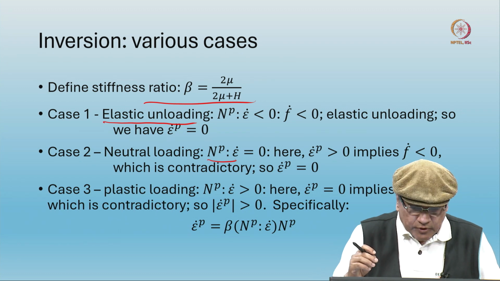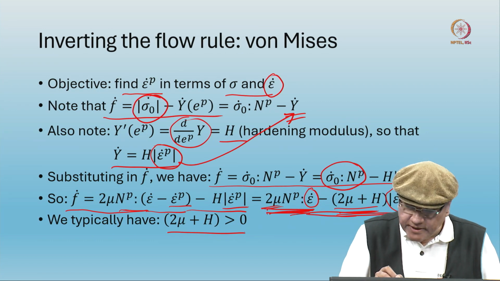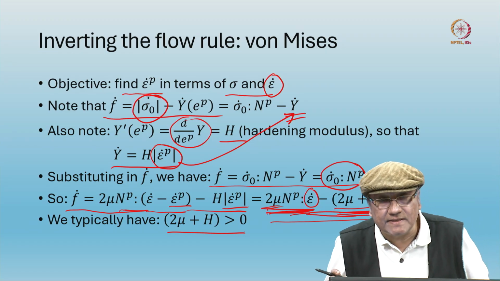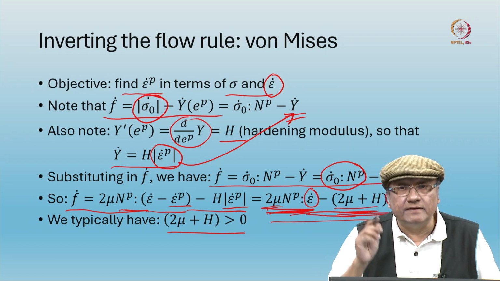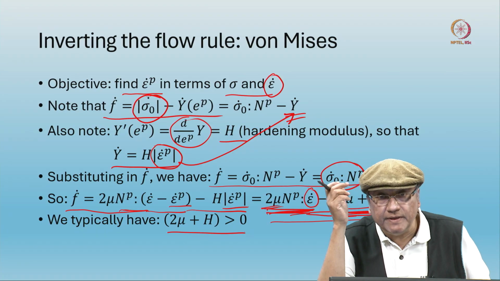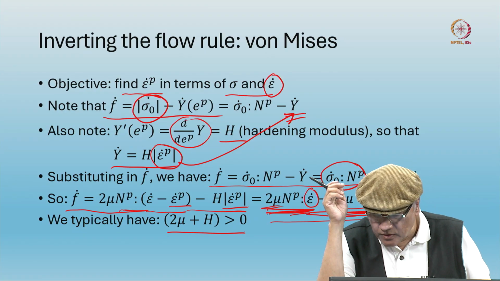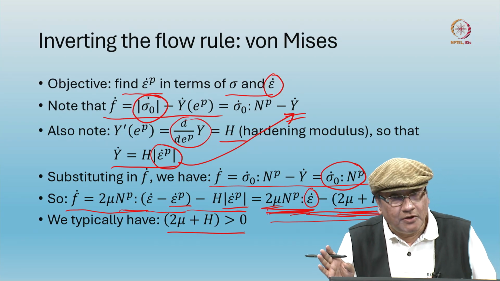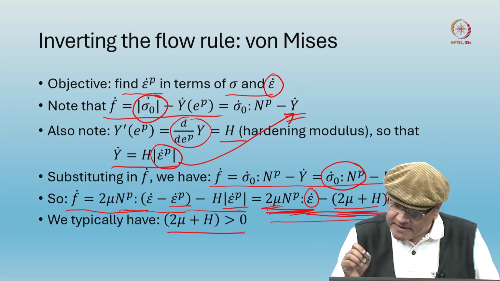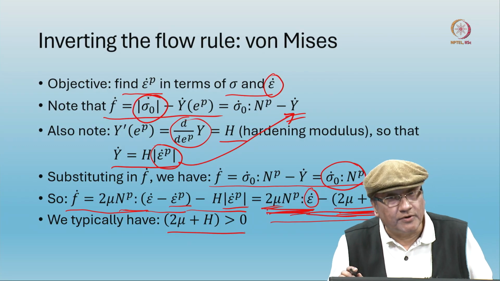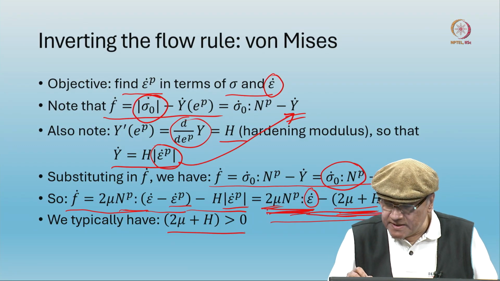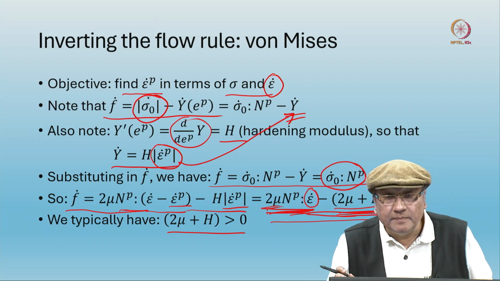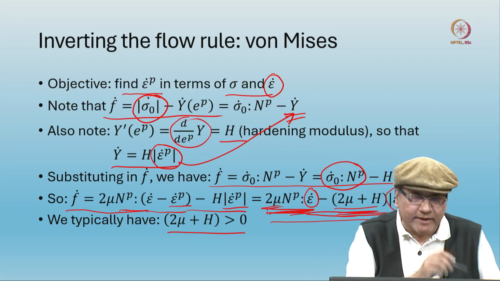Again, if you look at the expression for f dot here, the first term is 0 because we assumed NP colon epsilon dot is 0. So the second term can either be 0 or negative. It is negative if plastic flow is occurring, because the modulus of epsilon p dot in that case will be greater than 0. But if plastic flow is occurring, f dot cannot be less than 0.